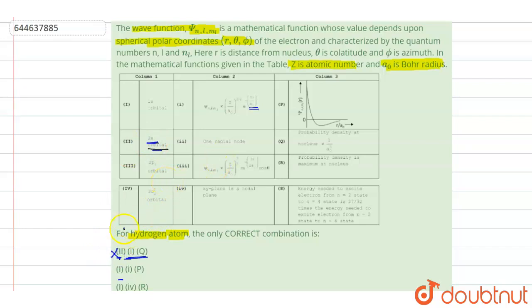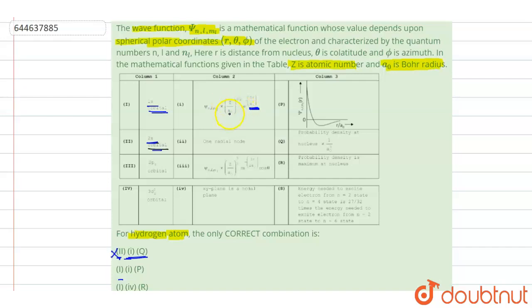Now we will see 1, 1, p, 1, it is 1s. Here we have checked that this belongs to first shell. Now we will check for subshell.